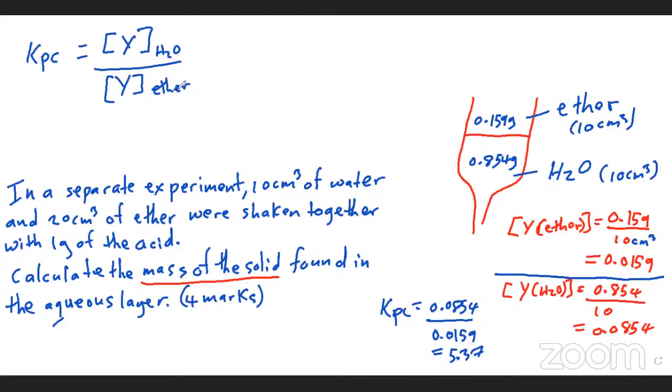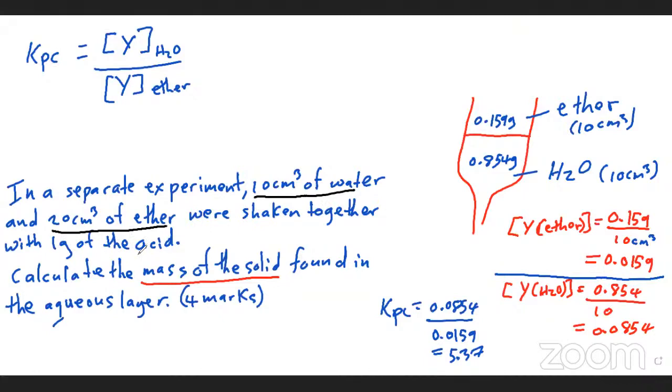Now it says in a separate experiment. So let's look. In a separate experiment, 10 cm cube of water and 20 cm cube of ether were shaken together with 1 gram of the acid.